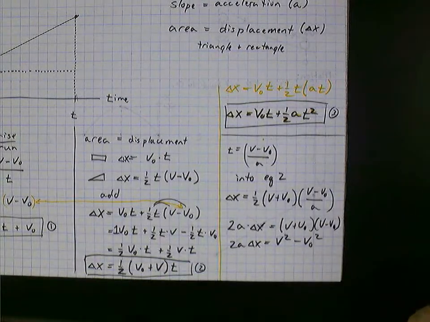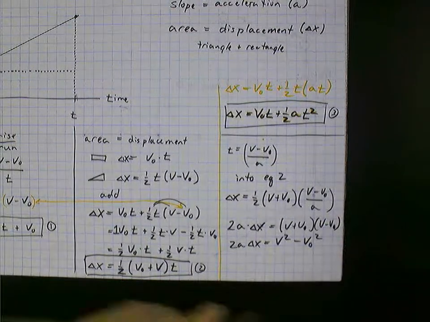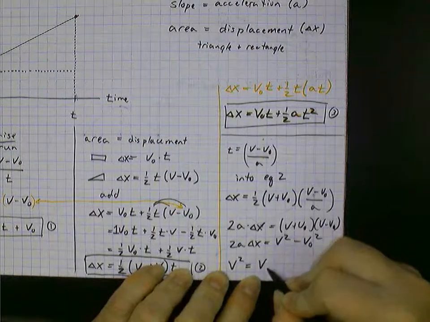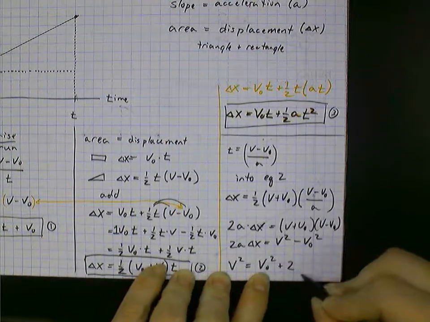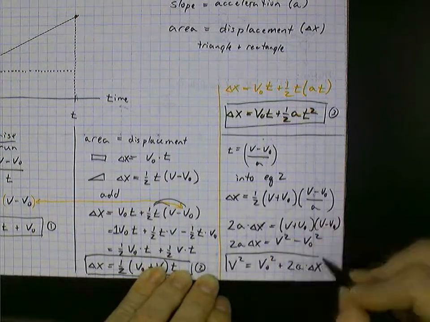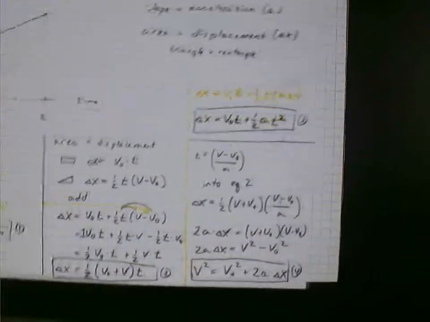Just the pattern that forms. Again, we typically write this by adding v initial squared to both sides and then swapping the sides around, so v squared equals v initial squared, after adding it to the other side, it's positive, plus 2 times a times delta x. And there is the fourth of our kinematics equations.